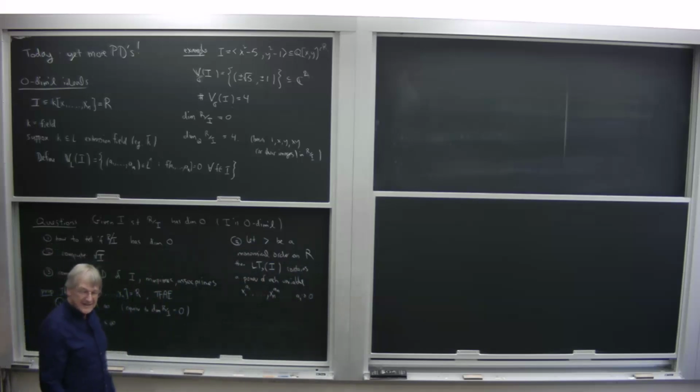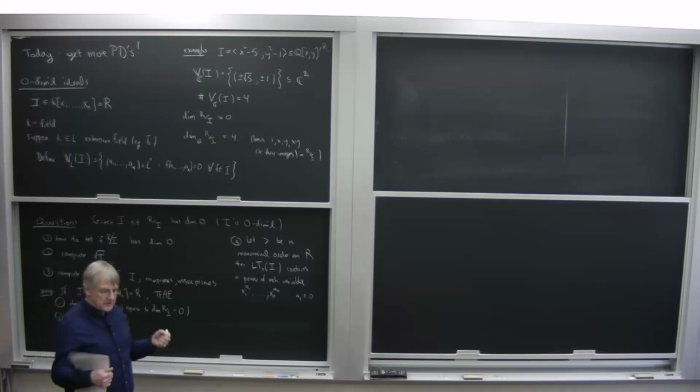Yes. In your example. Yeah. Why? I mean, plus and minus 1 are. That's right. R mod I is the vector space generated by all the monomials over R and their images mod I, right?